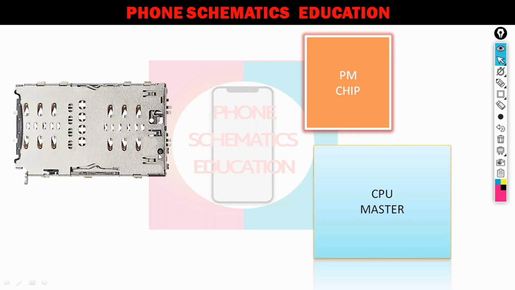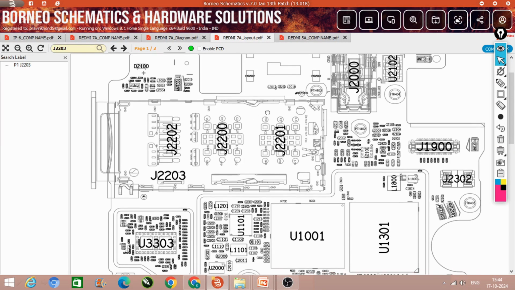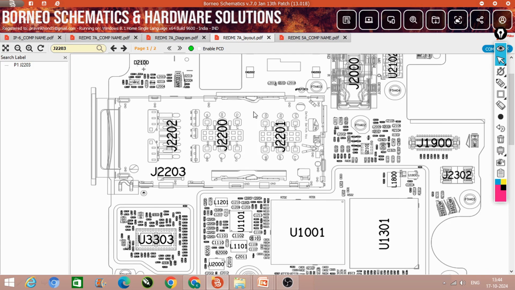Now in front of you there is a diagram. I'm explaining each and every line, how the SIM works in detail through animation. Before that, first we go to the schematics in Borneo. Now if you go to the layout, go to the SIM circuit.